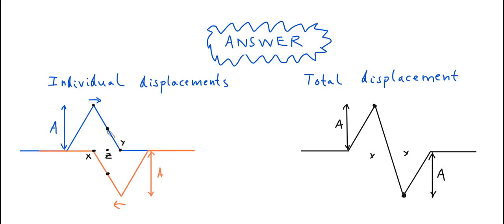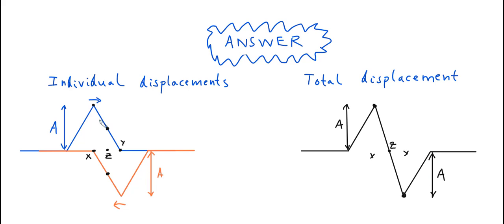Okay, so if we add half a to minus half a, as we should from the principle of superposition, the total or net displacement at point z is just going to be 0. So hopefully you can convince yourself that if we were to pick any other point along this axis and combine the individual displacements, we would get something that looks like this.